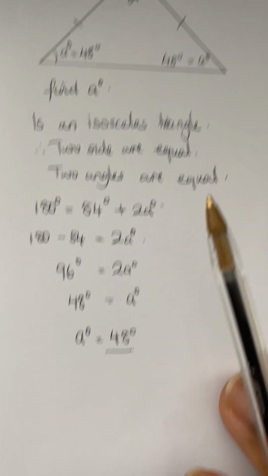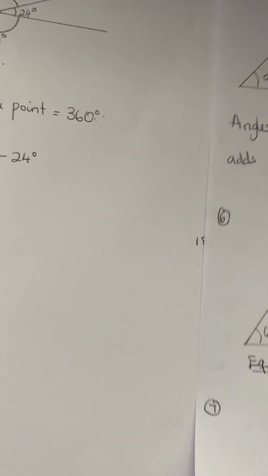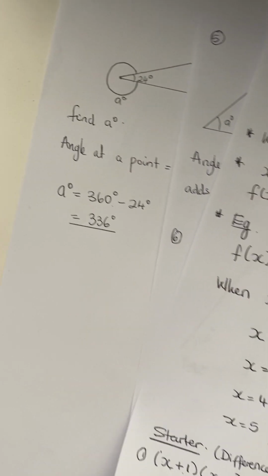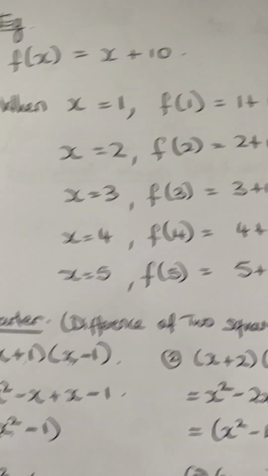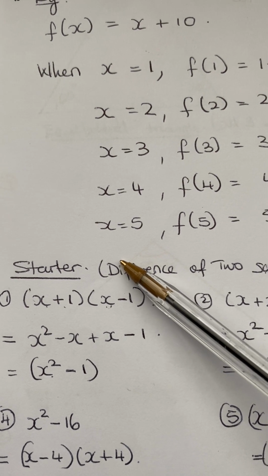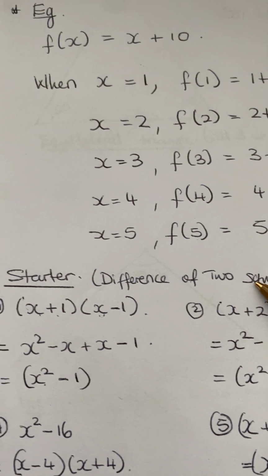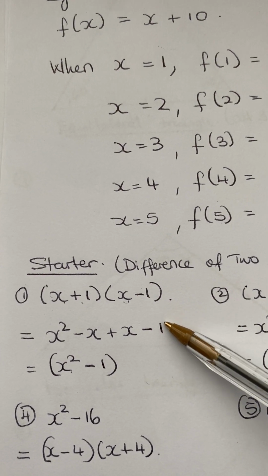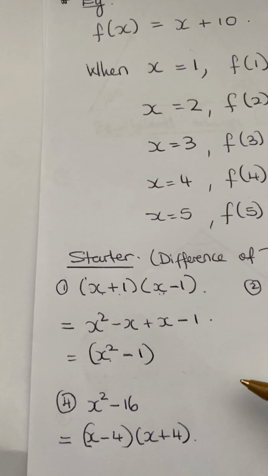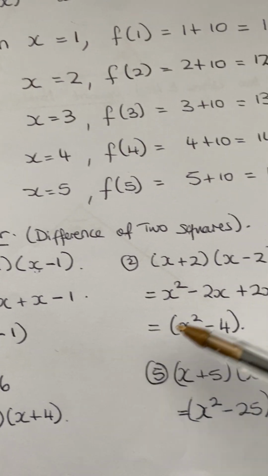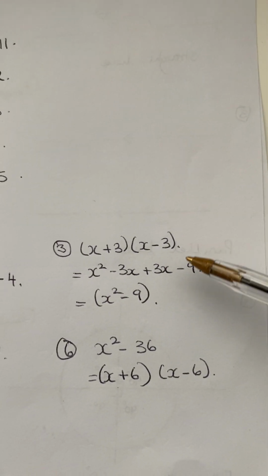So today we've done a recap on functions from last lesson, and we've done a simple example. We looked at difference of two squares again, to help us in our future set of algebra work and to solve some questions.